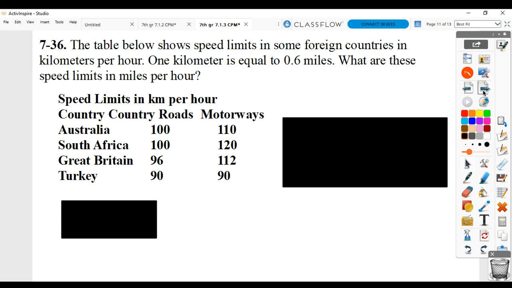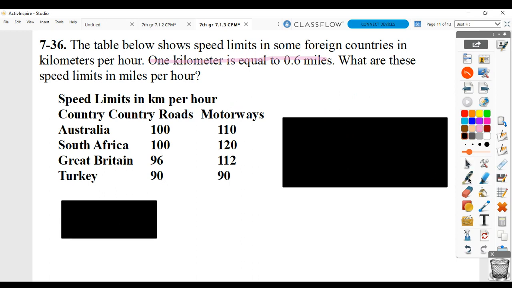For 736, they are giving you the speed limits in kilometers per hour, and we want to convert them to miles per hour. We're told that 1 kilometer is equal to 6/10 of a mile. So what you're going to want to do is to convert each of these.